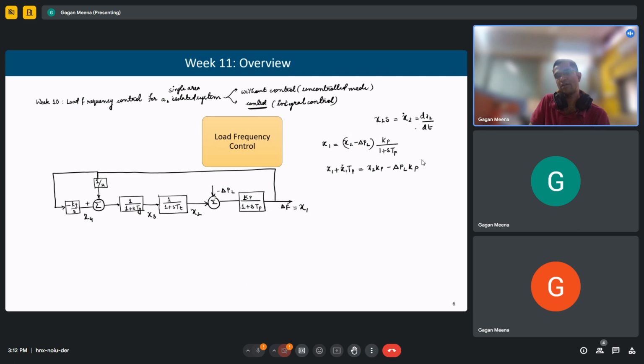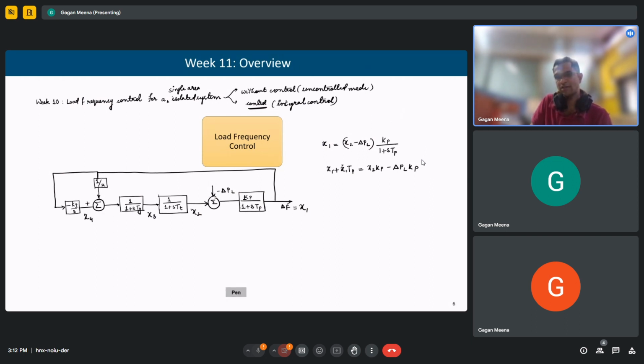We know that the Laplace transform of d by dt is s, if the initial conditions are 0. And if it is integral, then we write X2 by s.